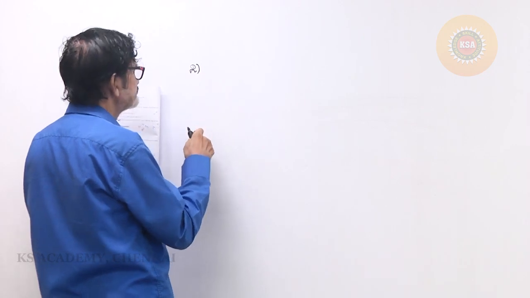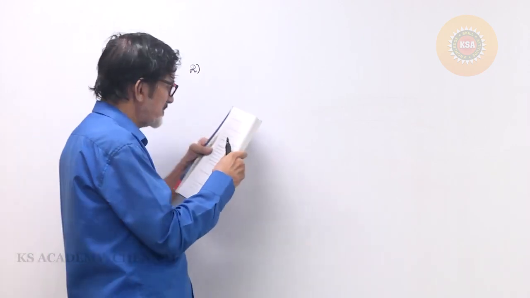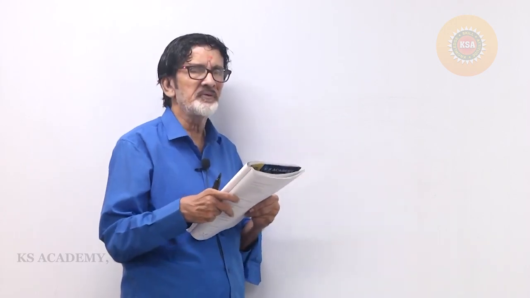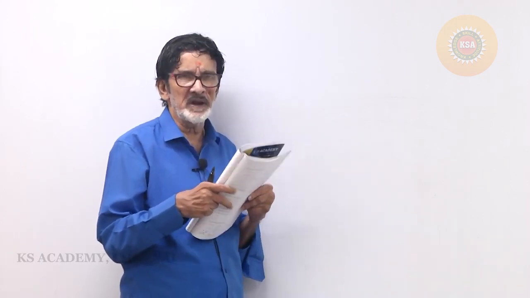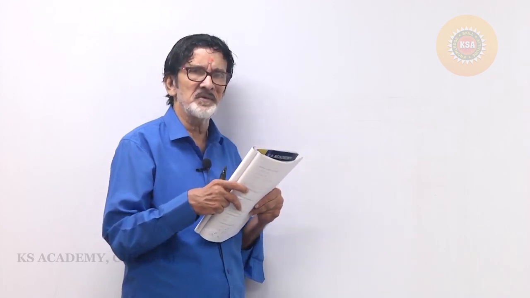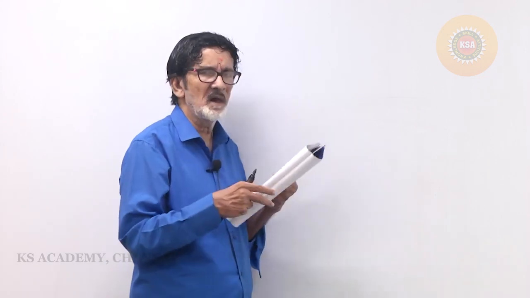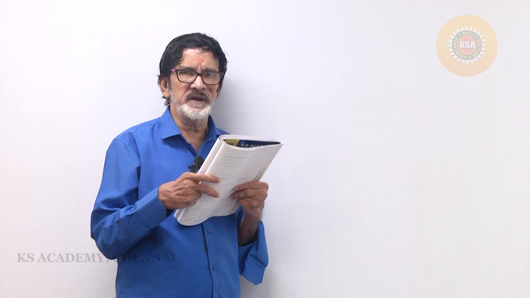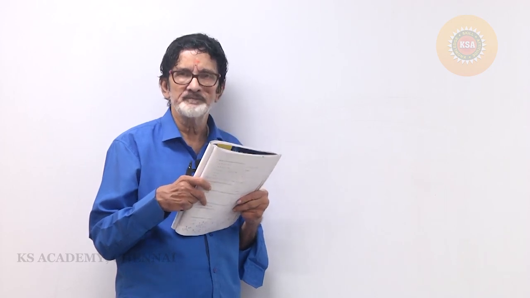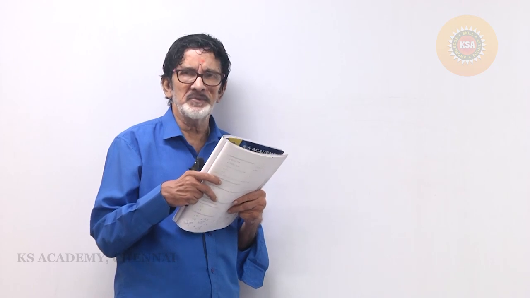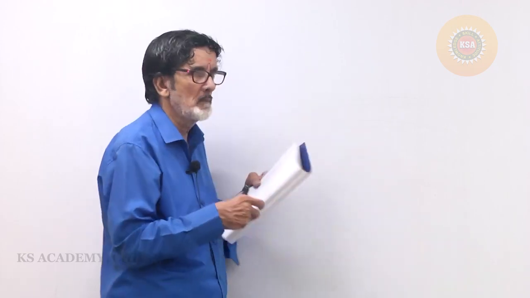Find the sum of 20 terms in 1 plus half plus quarter. A series is given, the word sum is given. Whether the series is AP or GP, you have to check. First, standard: the given series is GP. I am going to prove it.